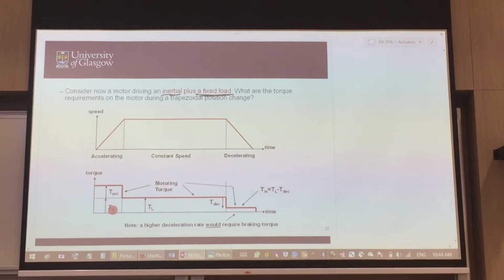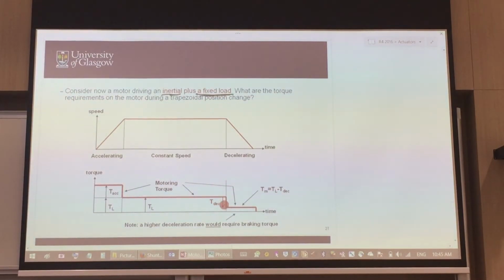And when you want the constant speed, that's when you drop back to supply the constant torque to overcome the load so that you can maintain that. And when you want to decelerate it, that decelerating torque is taking that load minus that deceleration. So TL is this value over here, minus T deceleration is that amount.